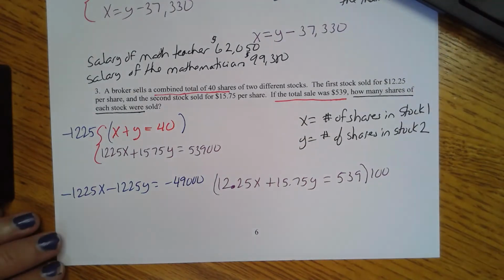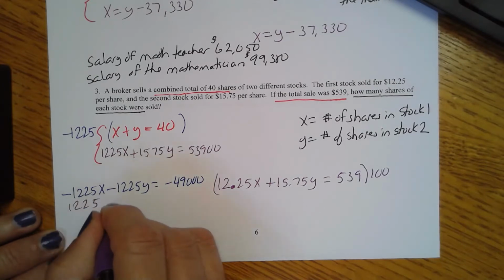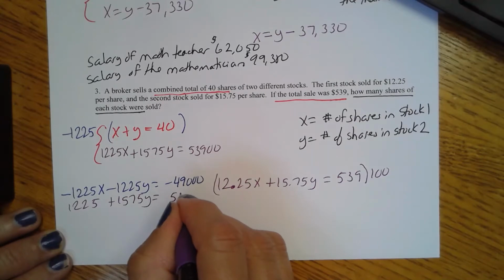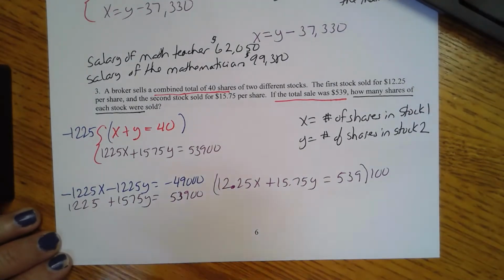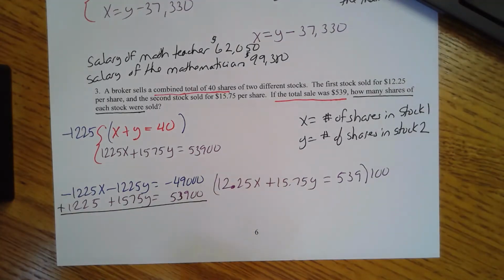So then the second equation still stays the same, which is 1225x plus 1575y equaling 53900. So we're going to add those two equations together, and our x's are going to disappear.